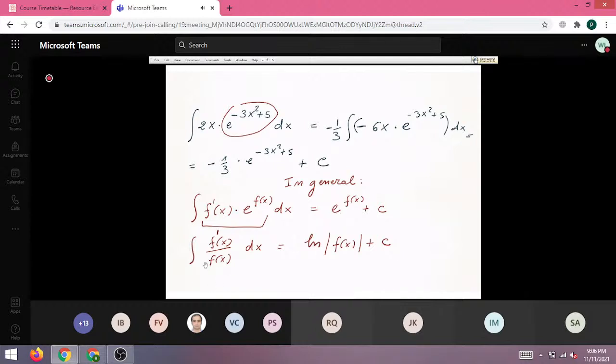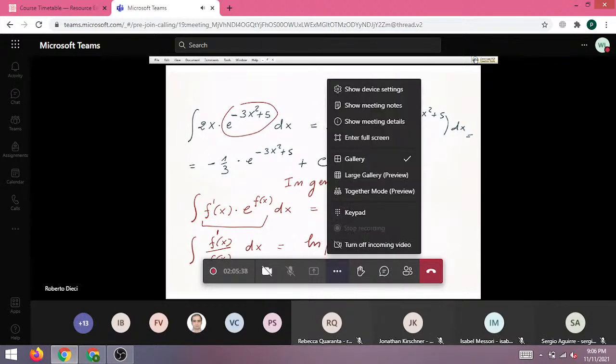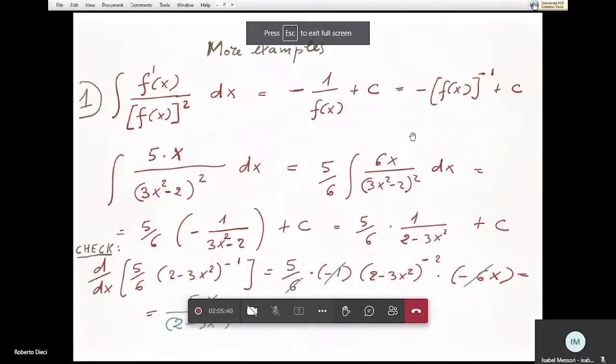This is another possible situation in which we have the structure of the derivative of a composite function in the integrand. Of course, at most we have to adjust the multiplicative constant in order to highlight the right structure in the integrand.